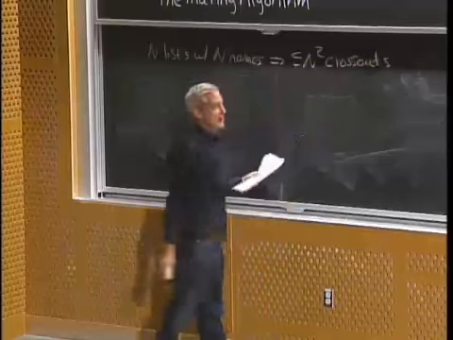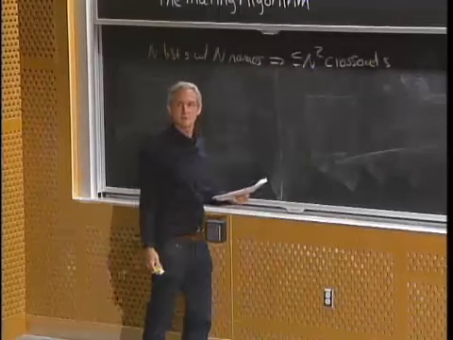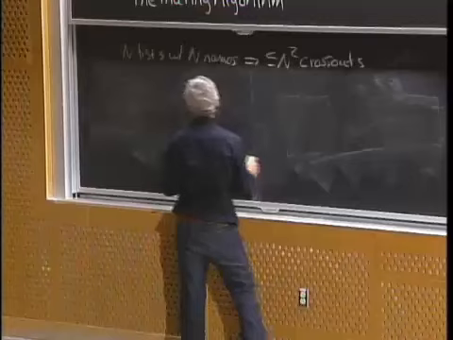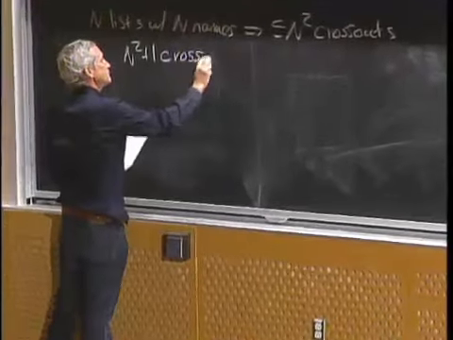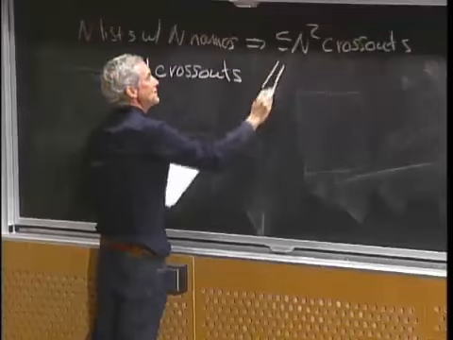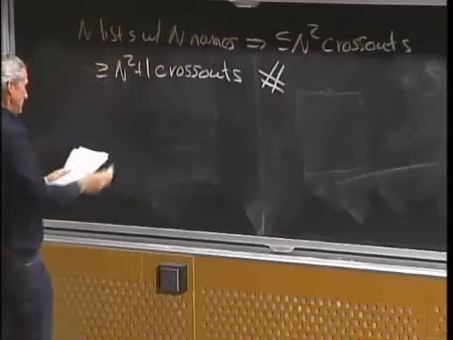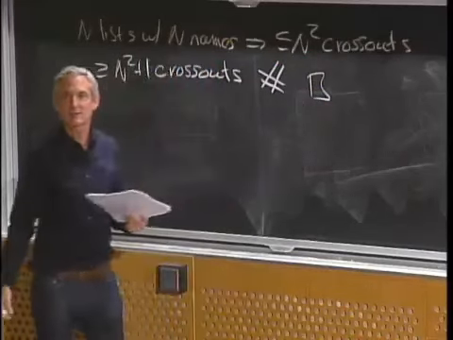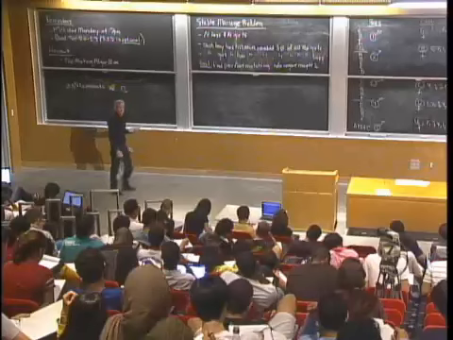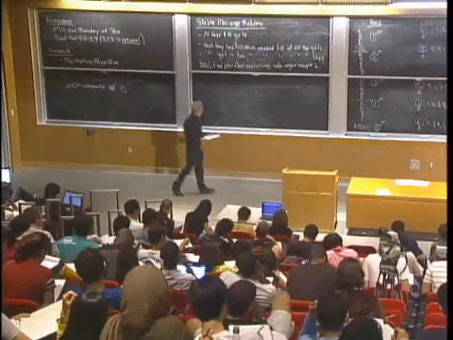But we just said we had n squared plus 1 crossouts, and that's a contradiction. All right, so we're done. It has to terminate within n squared plus 1 days. Any questions?